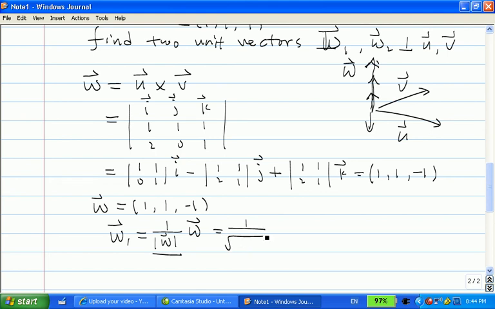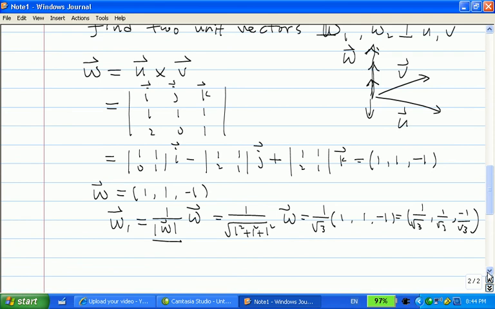The magnitude of W is the square root of 1 squared plus 1 squared plus 1 squared, so you get 1 over the square root of 3 times the vector 1, 1, negative 1. What can we say about W1? First of all, W1 has the same direction as W, which is perpendicular to U and V. Second, W1 has unit length.